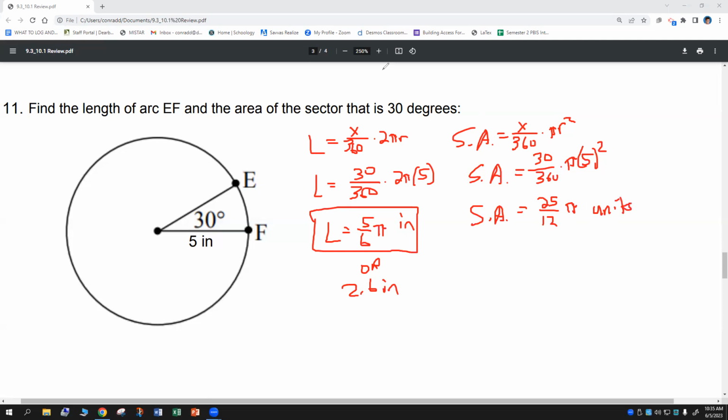Oh, it's inches. Inches squared. Or if you put the pi in there and rounded, I got 6.54, or just 6.5 inches squared.